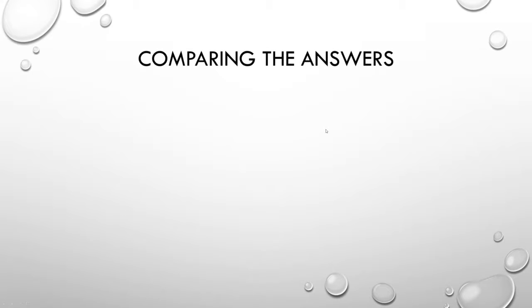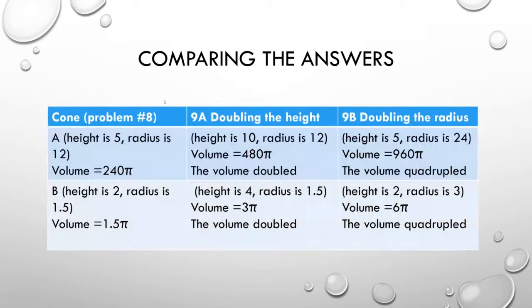Next, we'll compare the answers and see what happens when we double the height versus what happens when we double the radius. Let's take a look at the cone from problem number 8, part A. The height was 5 units and the radius was 12 units. We found that the volume was 240 pi.